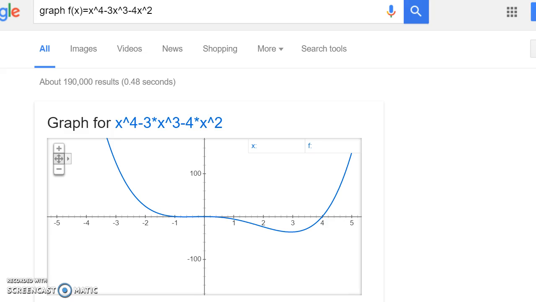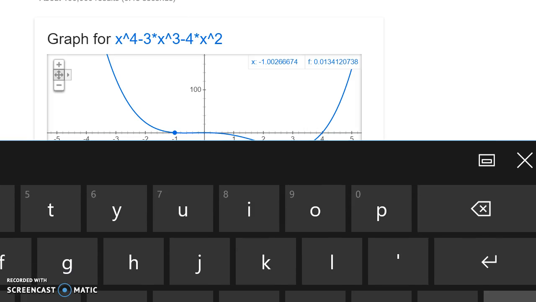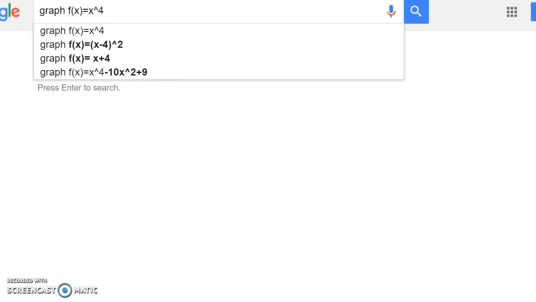So take a look at this, and we'll think about our x-intercepts or our zeros. It looks like I have one around 4, and we also have one here at 0, 0. Take a look at the general shape of this, and notice that its first term is x to the 4th. Now I'm going to draw a comparison to just the graph of x to the 4th power.